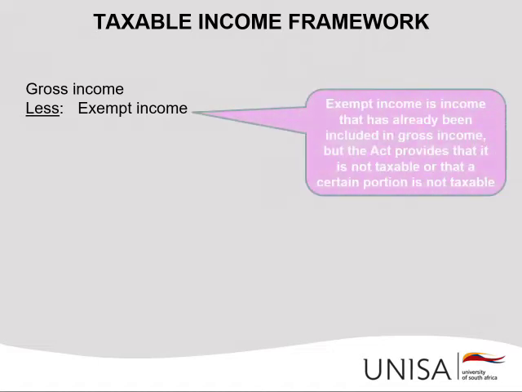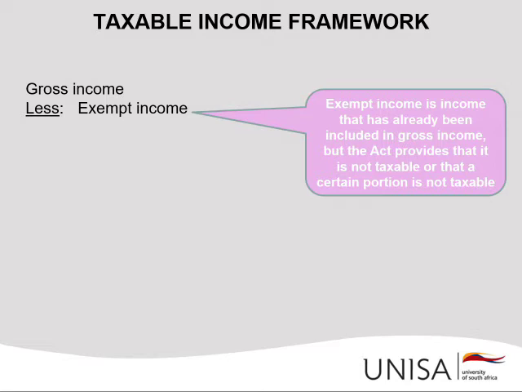After all the amounts have been included in gross income, either through the definition or because of one of the specific inclusions, the Act provides for certain exemptions. You need to be very careful with exempt income because I find often mistakes are made in this area. Exempt income is income that has been included in gross income, but in terms of Section 10 of the Income Tax Act, it is not subject to income tax and must be excluded at this point of the calculation.